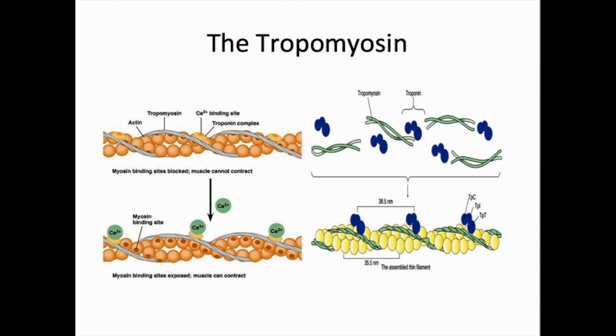The tropomyosin molecules are wrapped spirally around the sides of the F-actin helix. In the resting state, the tropomyosin molecules lie on top of the active sites of the actin strands.